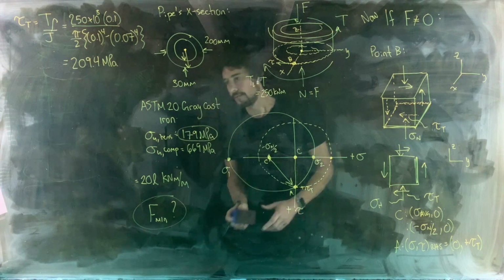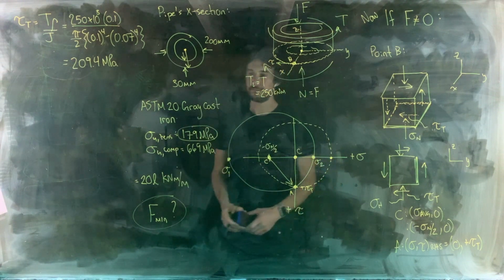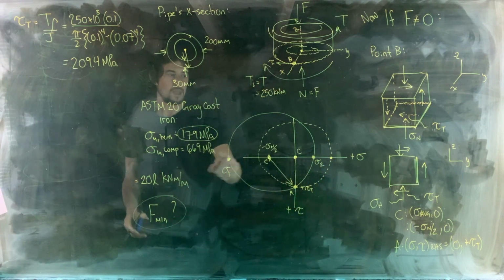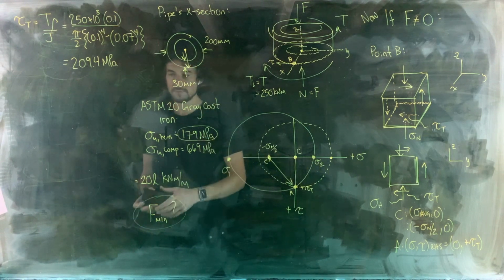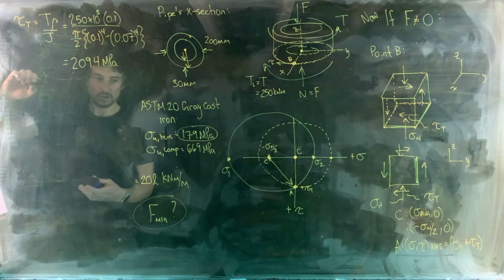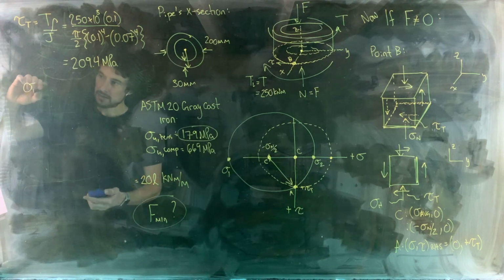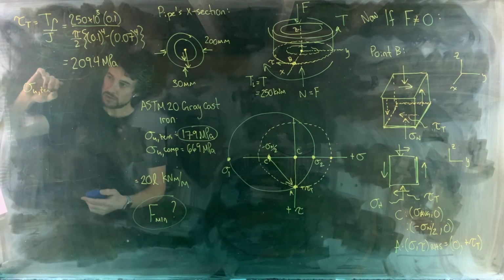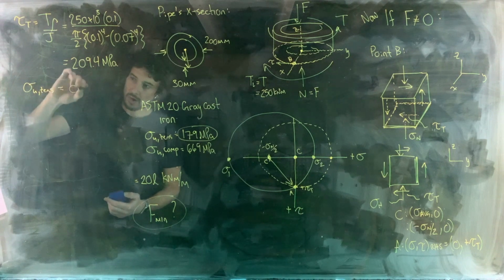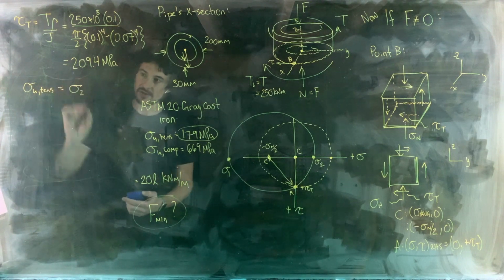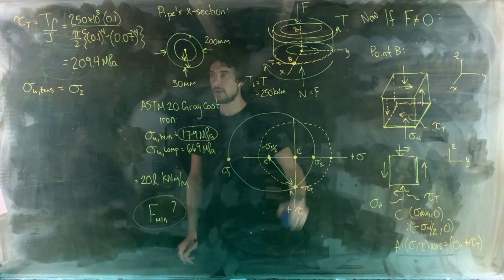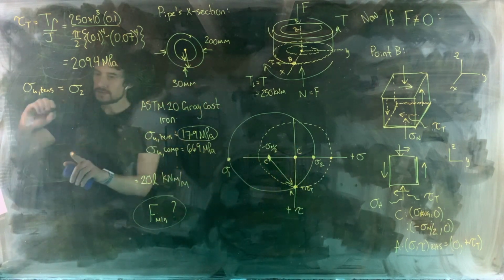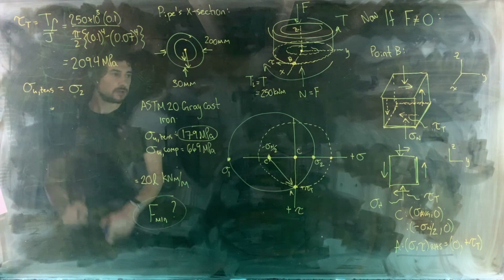Say that, for a brittle material, failure will occur when sigma 2 is equal to the ultimate tensile stress. So we'll set sigma U tension equal to our largest tensile stress, sigma 2. Okay? And then we'll say, what is sigma 2?